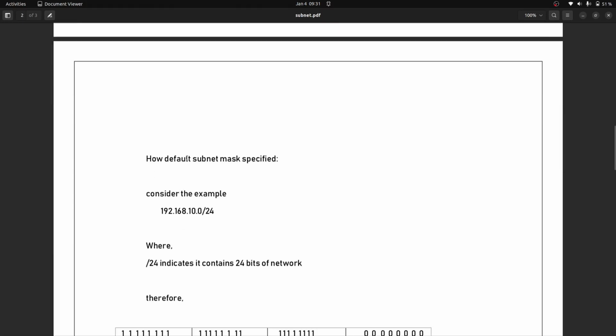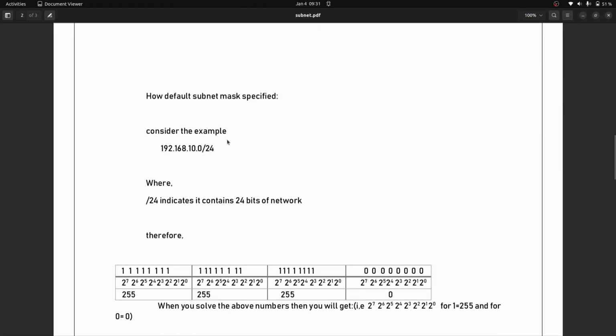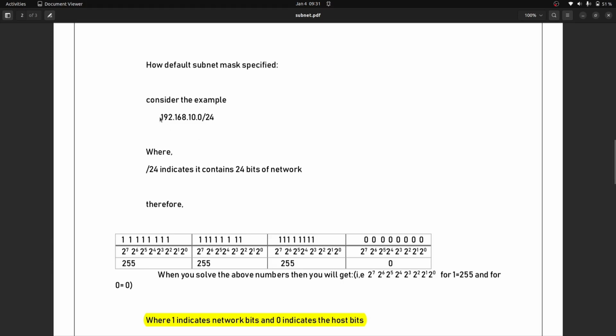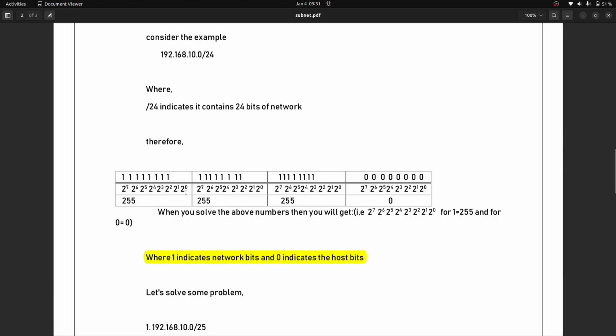Let's see how we can calculate the default subnet mask. Consider this example: 192.168.10.0 and its subnet mask is 24, which represents that this network contains 24 bits of network. So the first 3 blocks are filled with network and the remaining 1 block is filled with host.